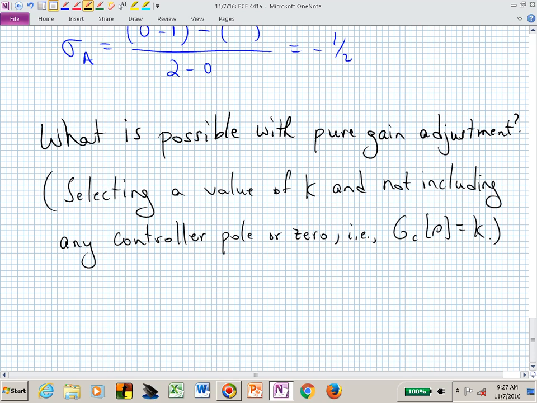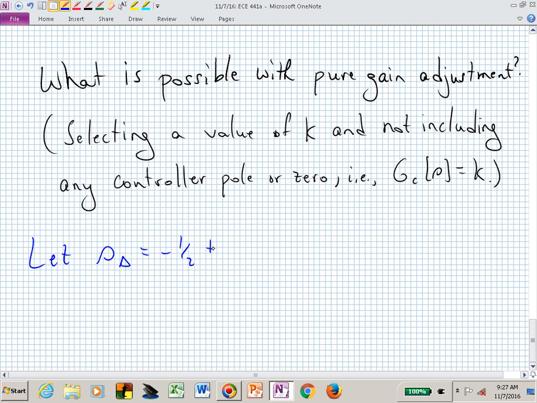So let's say that somebody tells us, suppose we let S sub delta equal, we know the real part is minus 1/2 if the gain is cranked up enough. We could be at minus 1/4 and minus 3/4 for a given K. But now we're cranking up the gain K to at least get us to the breakaway point. And let's just go ahead and make it a little bit more interesting.